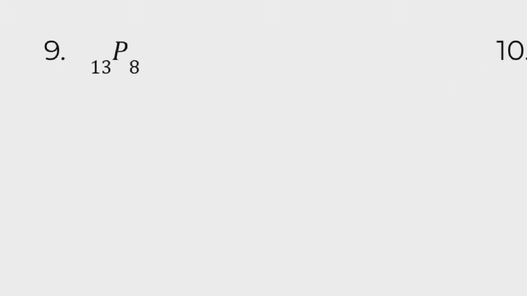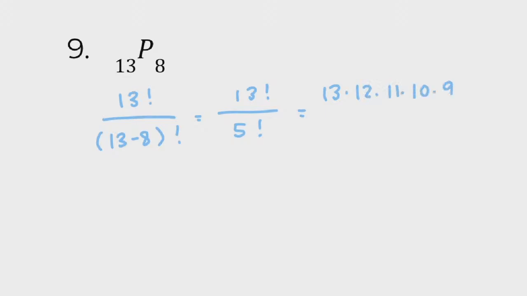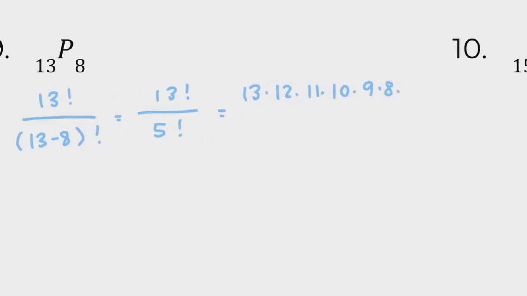For number 9, we have 13P8. So that's going to be 13 factorial over 13 minus 8 factorial. 13 minus 8 is 5. So that's going to be 13, 12, 11, 10, 9, 8, 7, 6, 5 factorial.